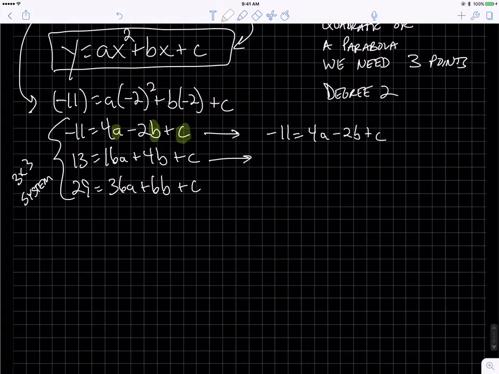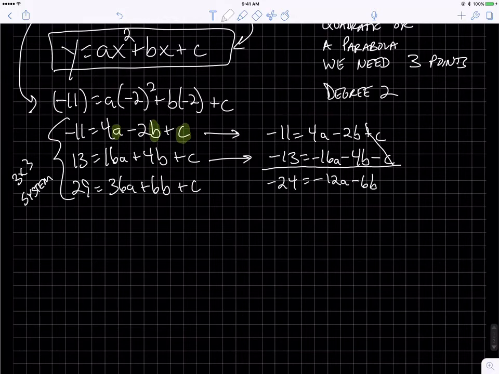I'm going to multiply the second equation by negative 1, so I get negative 13 equals negative 16a minus 4b minus c. The reason I did that is when I add these equations, that will eliminate my c. c minus c is 0. So now I've got negative 24 equals negative 12a minus 6b.